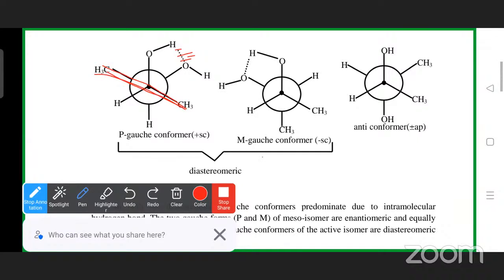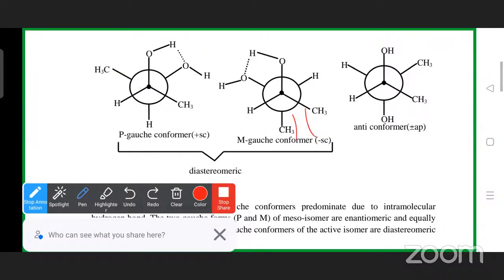Now if you come to this M gauche conformer, the minus gauche conformer, here also you can see the hydrogen bonding, but these two methyl groups are adjacent, so you can see the steric repulsion.